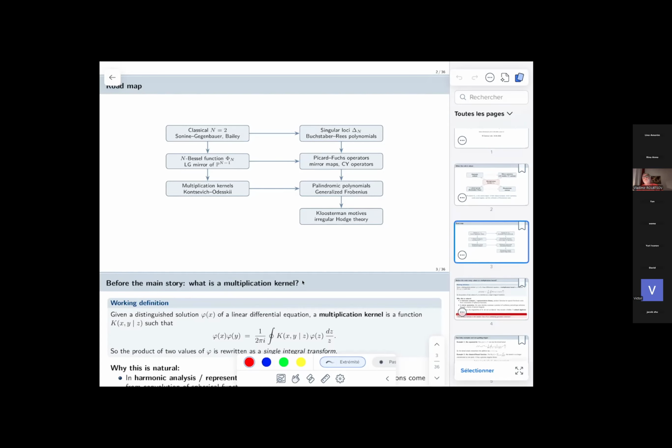And then I want to explain some results of this left-hand side link: results about singular loci of these multiplication formulas and their relations to Buchstaber's multi-group and n-valued groups, then relations to Picard-Fuchs equations and monodromy properties related to Calabi-Yau differential operators.